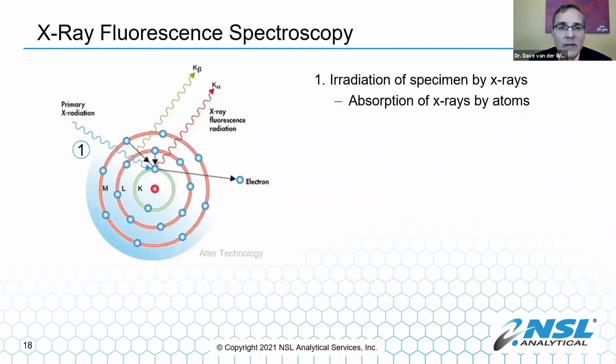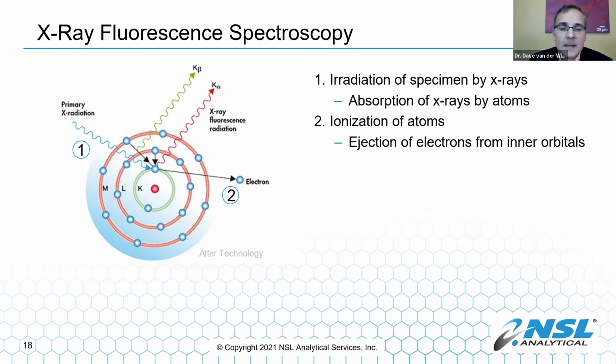Briefly, the way X-ray fluorescence works is a sample is irradiated with X-rays, and the atoms in the sample hopefully will absorb a certain number of those X-rays. This leads to ionization. So you see an electron shooting off there. That atom is now ionized. And after the electron escapes, it leaves a hole behind in its K-band.